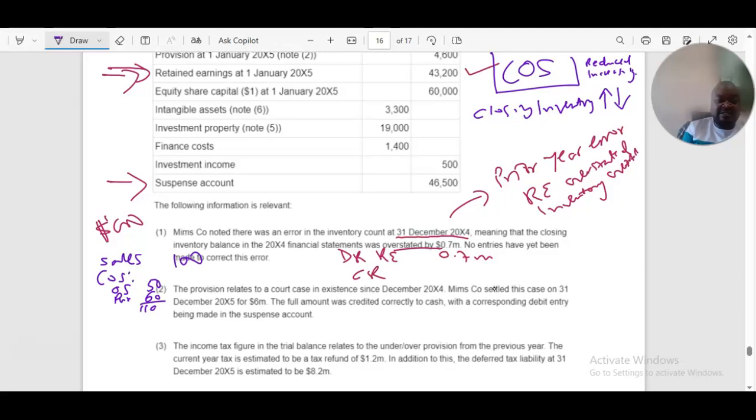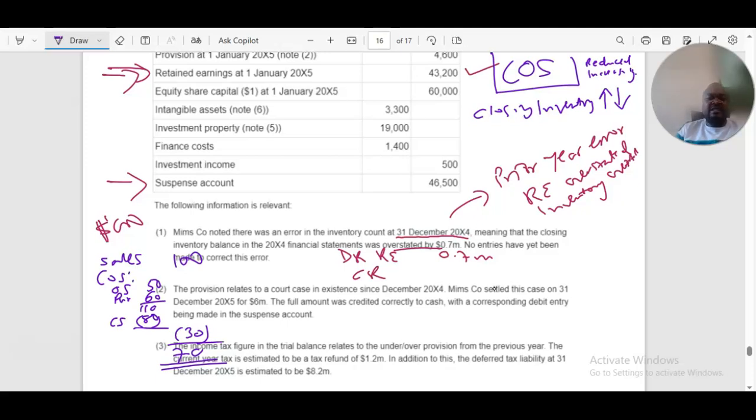Closing stock here is let's say 80. If we deduct it from 110, the ultimate cost of sales becomes 30. This is deducted from 100 and we get a profit of 70.